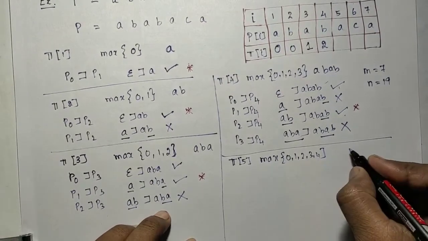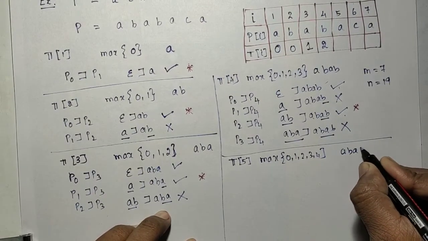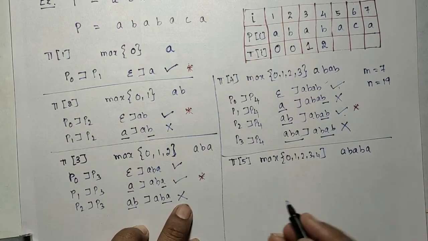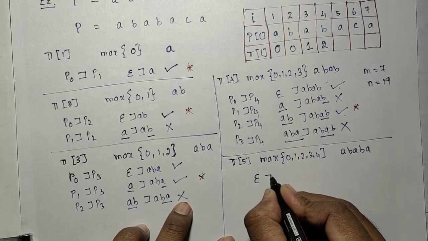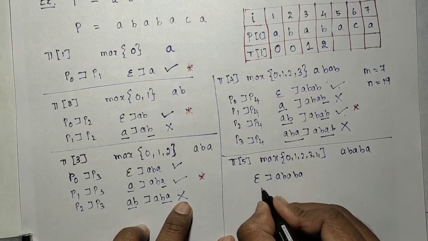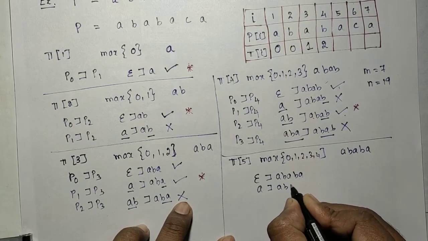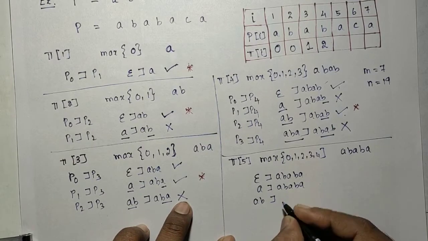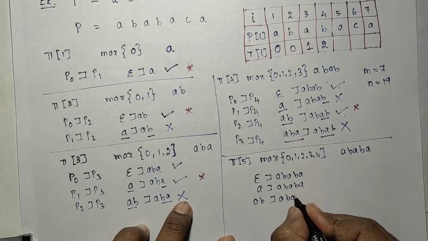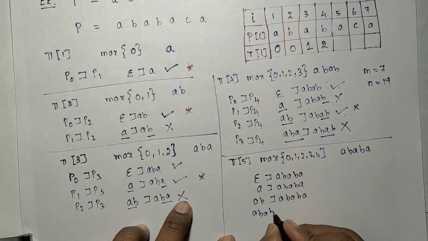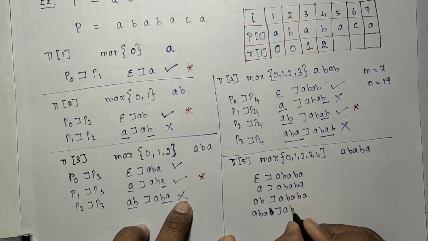I need to consider the first 5 characters, that is A, B, A, B, A. So directly we can write epsilon of ABABA, and then first character A of ABABA, and first 2 characters AB of ABABA, first three characters ABA is a suffix of what?